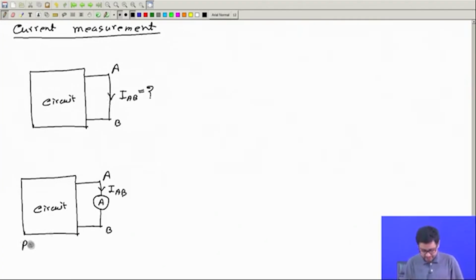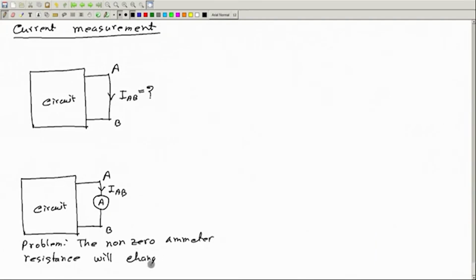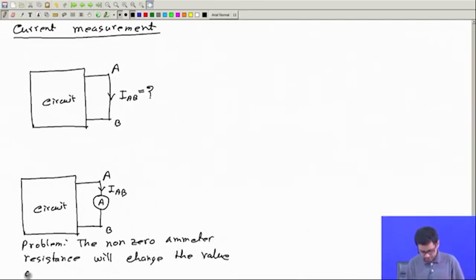So the problem is the non-zero meter resistance, the ammeter resistance, will change the value of IAB during measurement.